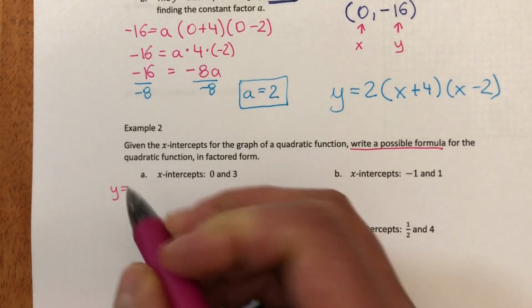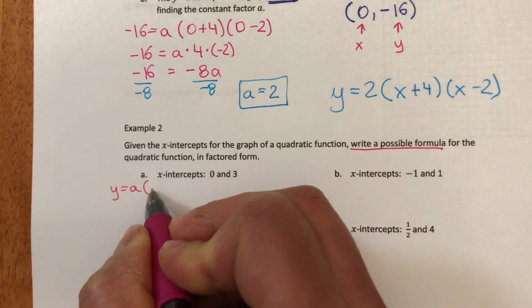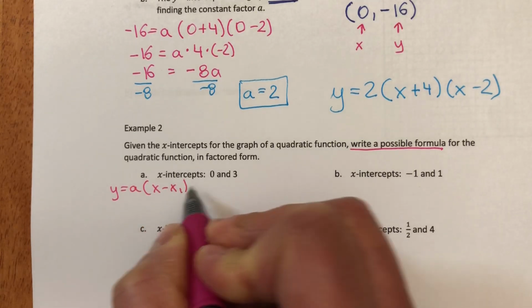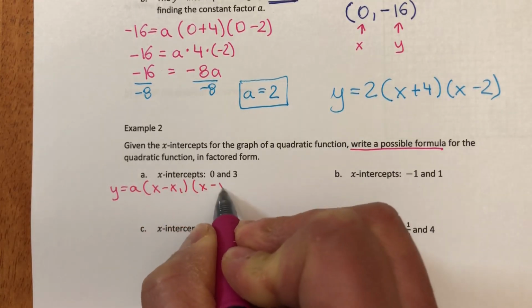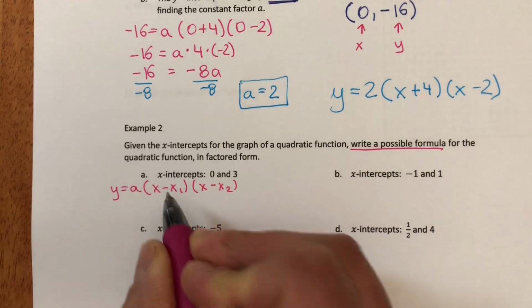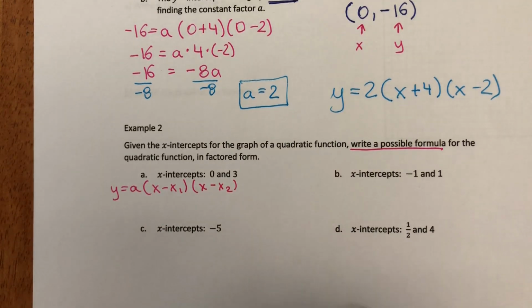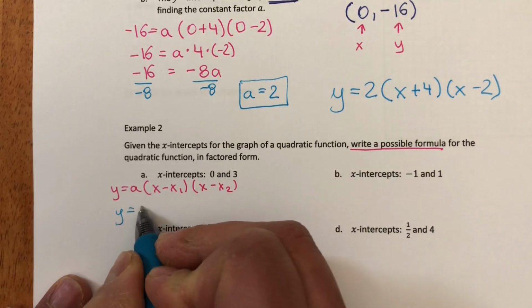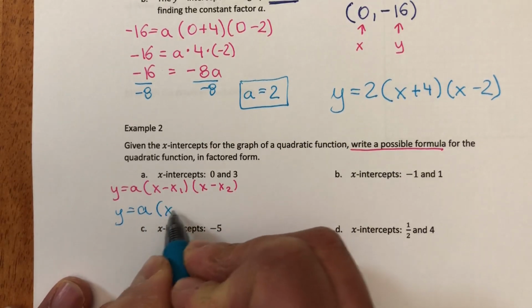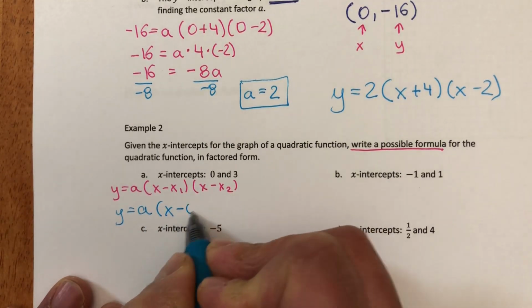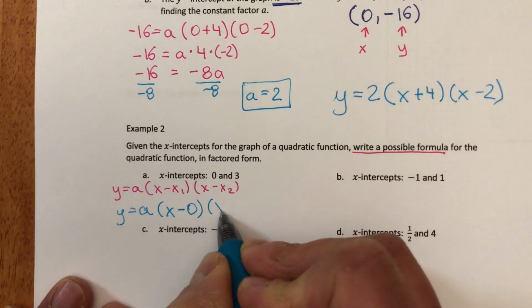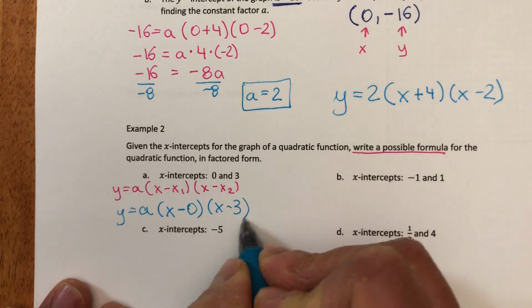So I am going to start with my formula. Keep in mind, it's always a minus sign. Now I am going to keep a, x minus x1, which is 0, and x minus x2, which is 3.